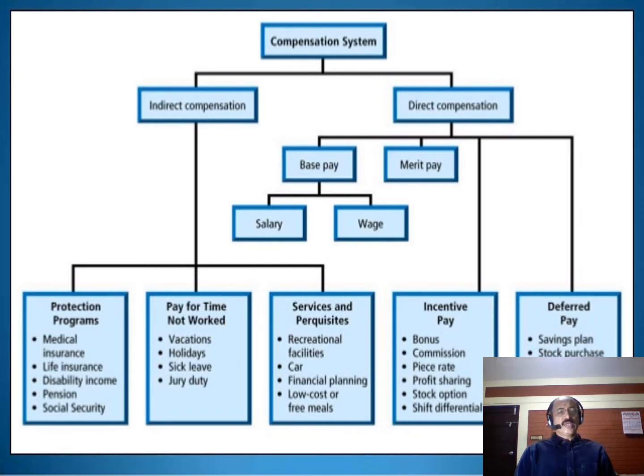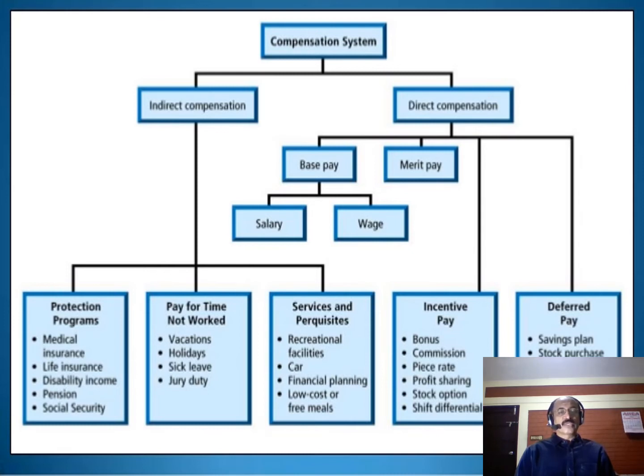And in indirect compensation also, there are certain other things where you don't get money directly, but it is given in the form of certain protection programs, or pay for time not worked, or services and perquisites. For example, under protection programs, you may have medical insurance, life insurance, disability income. Suppose you have some disability and are sitting at home, or maybe sickness, you may get an income for that.